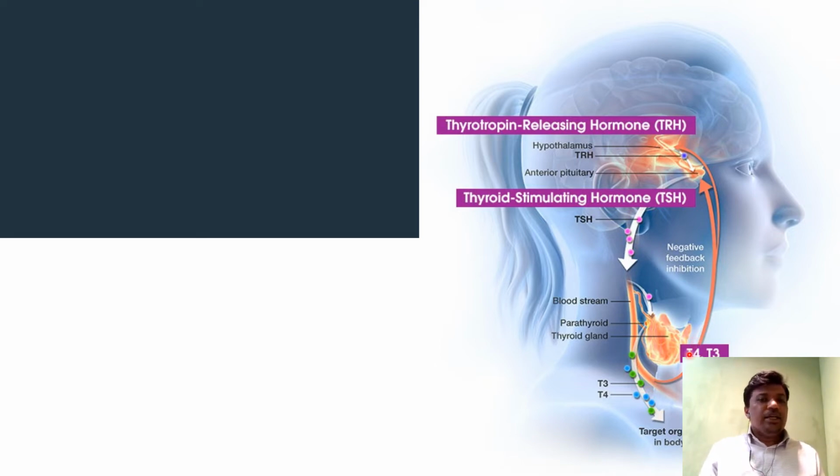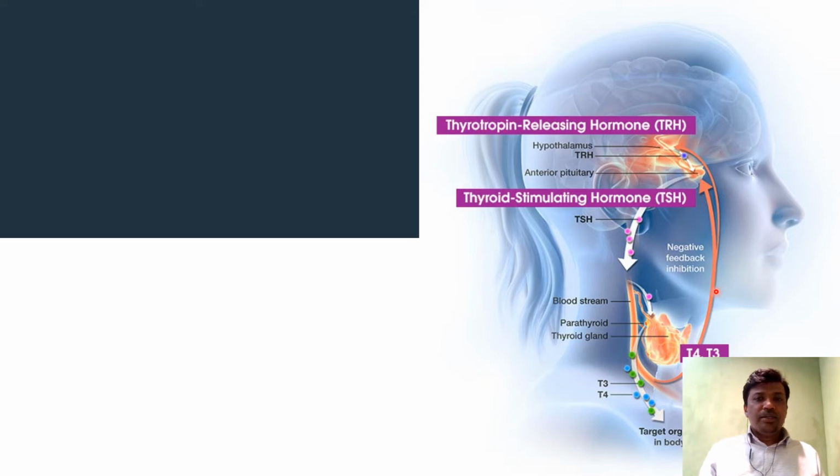Like in any other endocrine system, there is always a positive feedback and a negative feedback working in tandem to maintain homeostasis. So when you need a lot of thyroxine in the body, the TSH levels go up, inducing the production of T4. On the reverse, if we have too much thyroxine T4 in the body, it induces a negative feedback, thereby reducing the production of TSH.